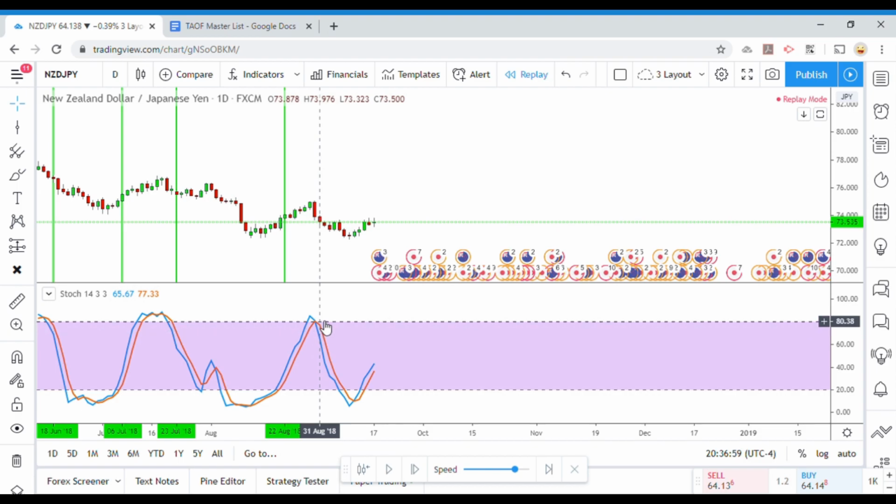Basically, I can add an alert to where if the D line or the K line crosses a certain numeric value, it will give me an alert. I can also set it where the K line and the D line cross each other, whether that be up or down. I can designate that, and it will give me an alert, and it goes right to my phone.